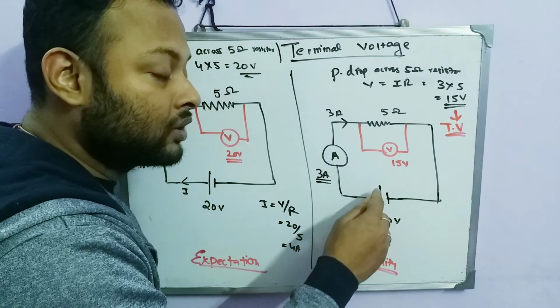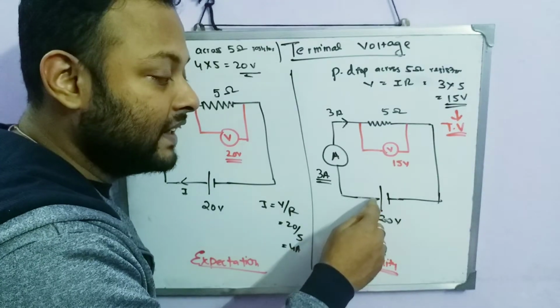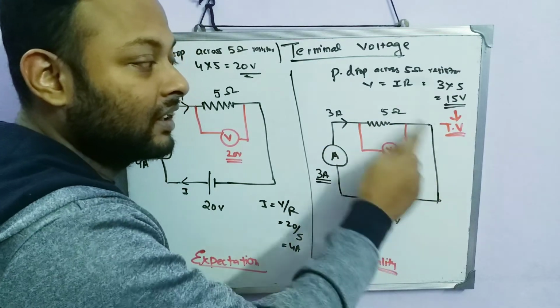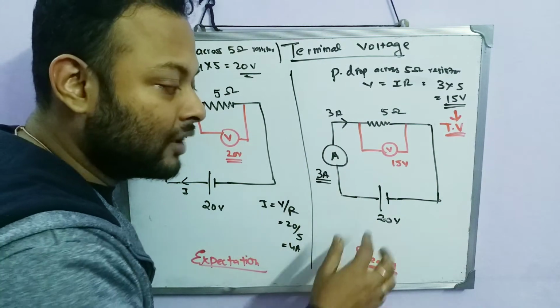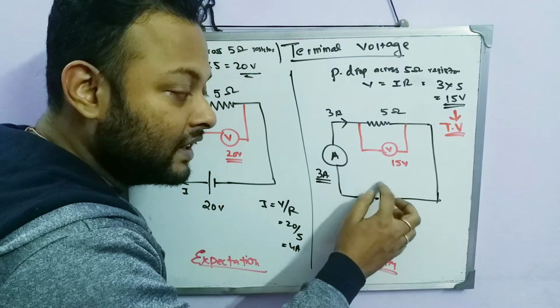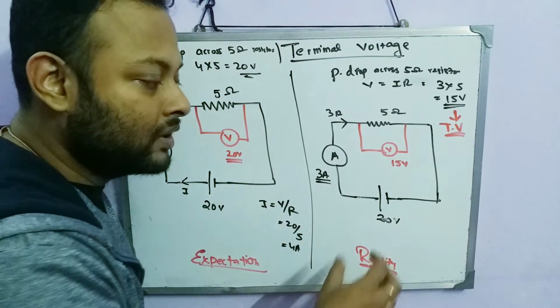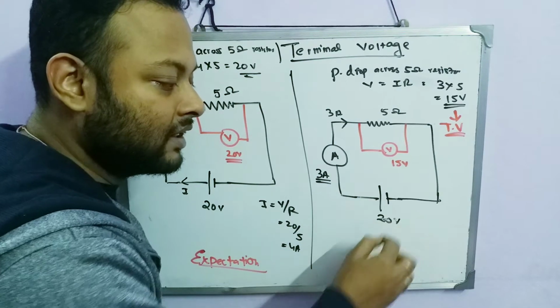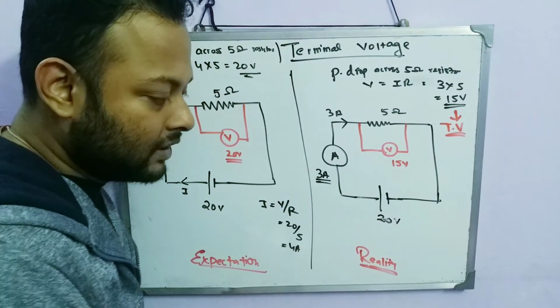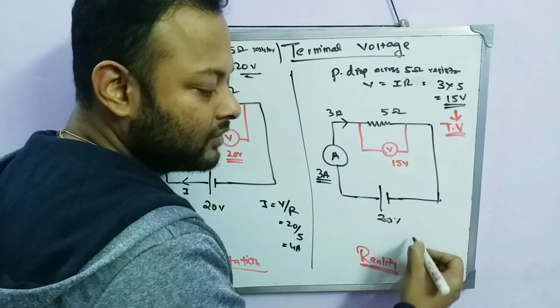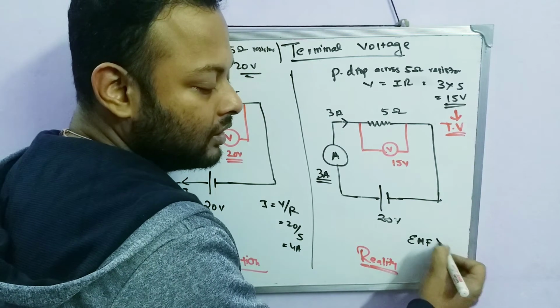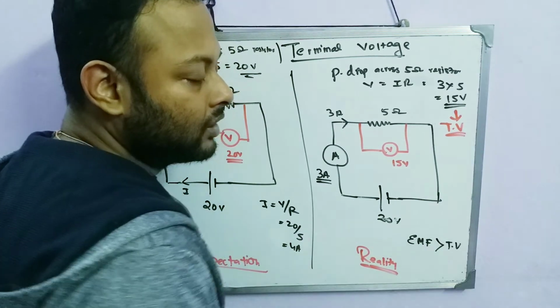So terminal voltage is a potential difference in the external circuit, and EMF was the voltage inside the cell or in the internal circuit, and always the EMF is greater than terminal voltage. This 20 volt is greater than 15 volt, so EMF is greater than terminal voltage.